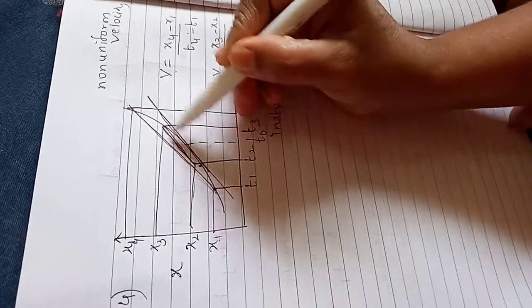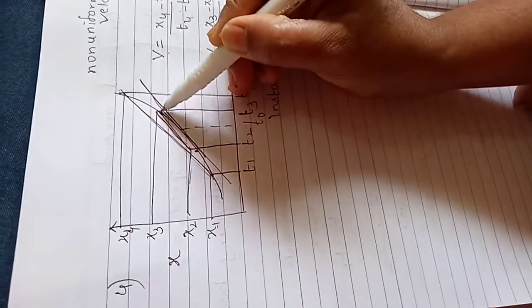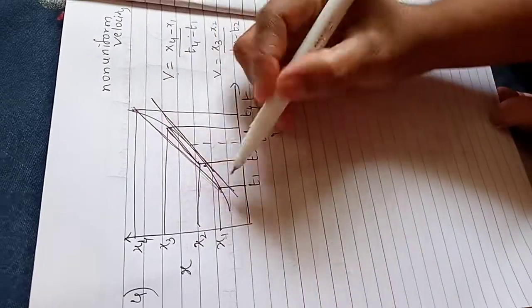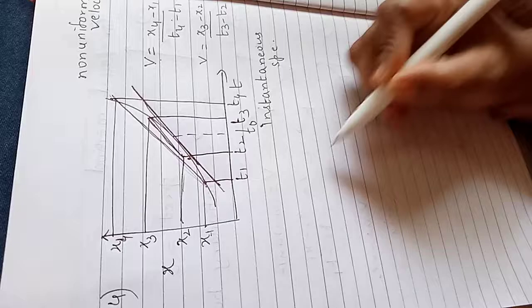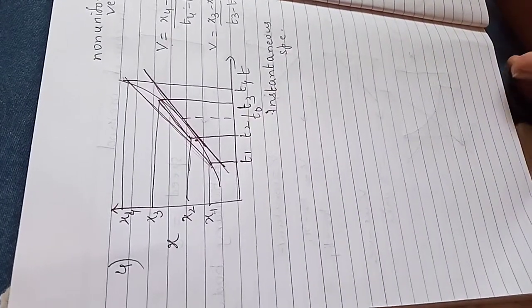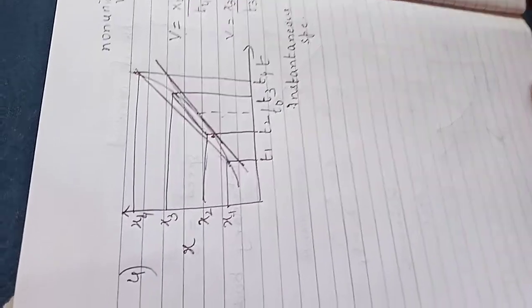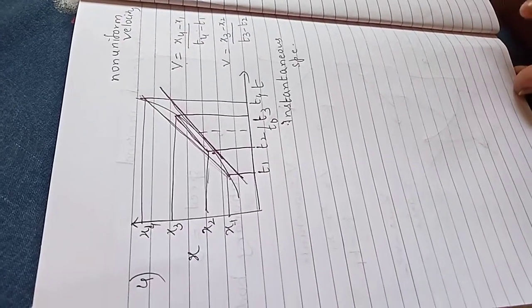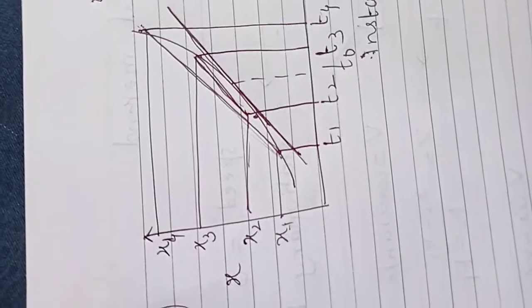This is the slope plotted on the curve from x2 to x3. And finally, when you go on reducing the time interval, we get a tangent. The tangent at any point gives the instantaneous velocity. That's it, students. Are you okay?